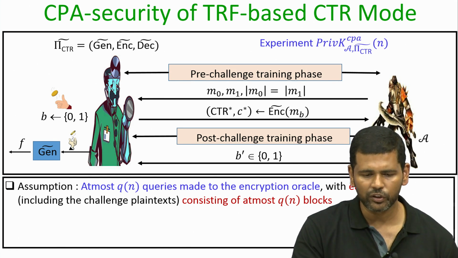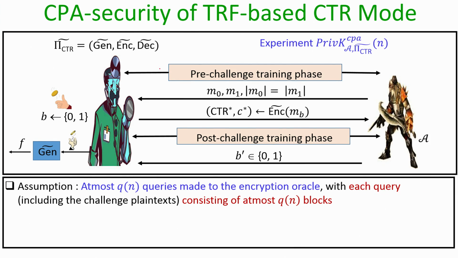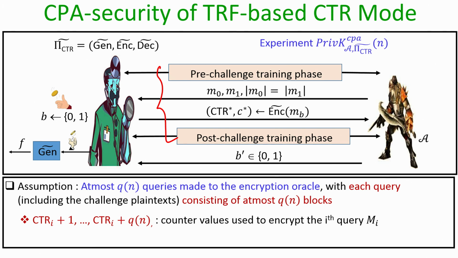So, let us assume that the total number of queries which the adversary is asking throughout this instance of the experiment is Q(n), where Q(n) is some polynomial function of the security parameter n. Moreover, we also assume that each query consists of at most Q(n) blocks. So, actually we will assume the worst case scenario where there are a total of Q(n) queries and each query consists of exactly Q(n) blocks.